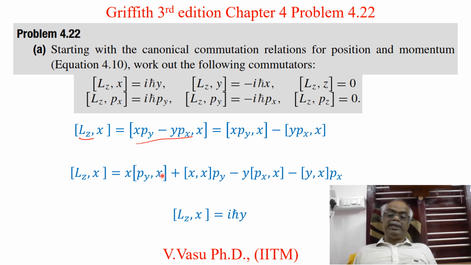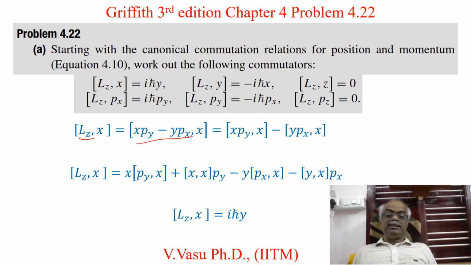Now you can further expand these two commutators. First, you bring the left hand side operator x to the left, and pypx, and the right hand side operator py to the right, and [x, x]. Similarly, here also y to the left side and px to the right side. Now we will solve the commutators one by one.